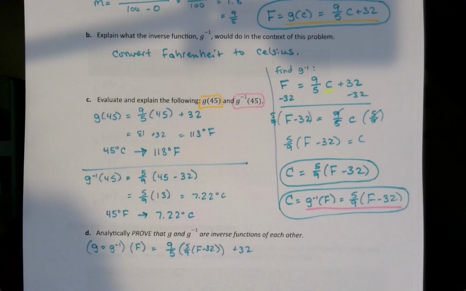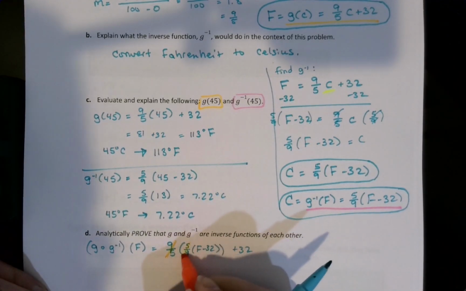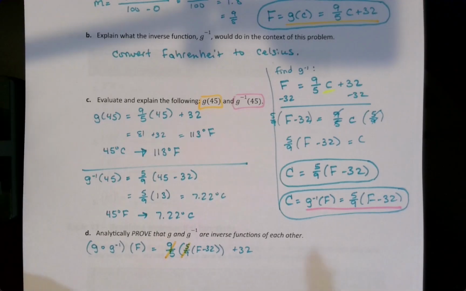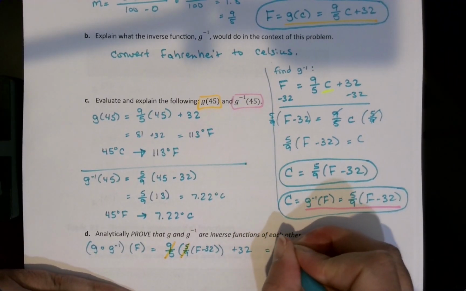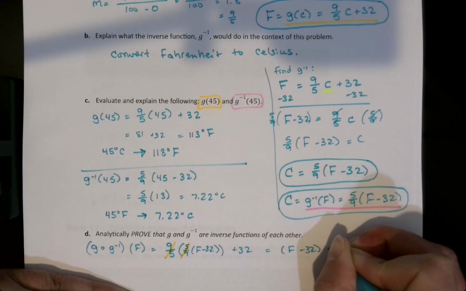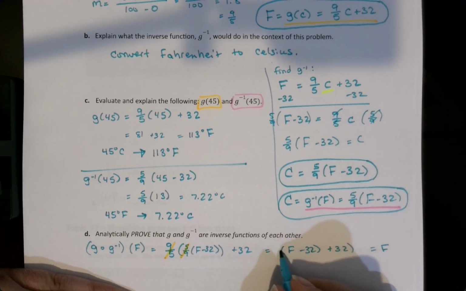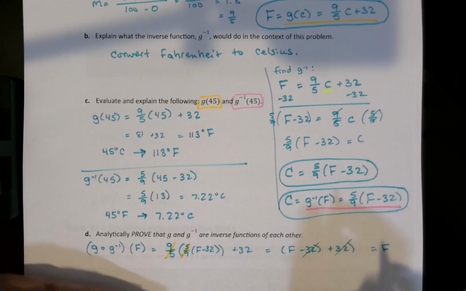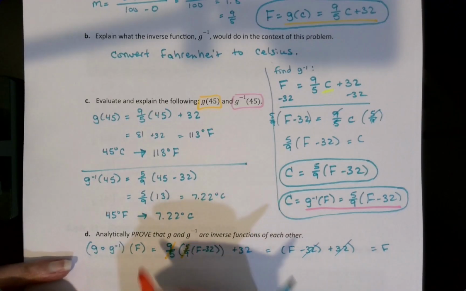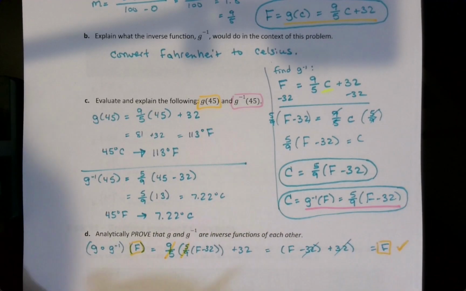So when we multiply, the 5/9 and the 9/5 are going to reduce and give me the f minus 32 plus 32, which is equal to f. And that's what it was supposed to equal because the input is what we got back out.